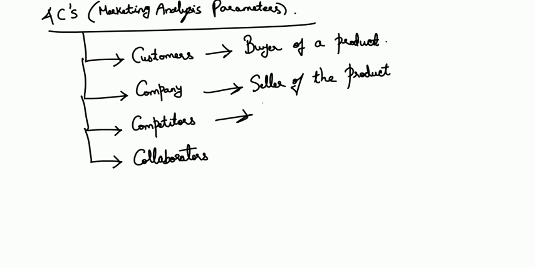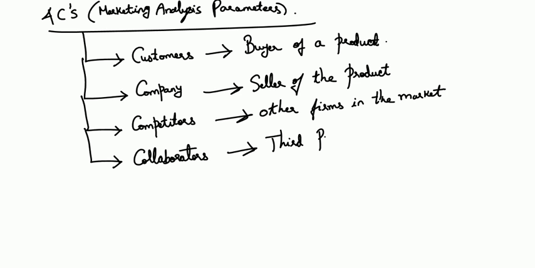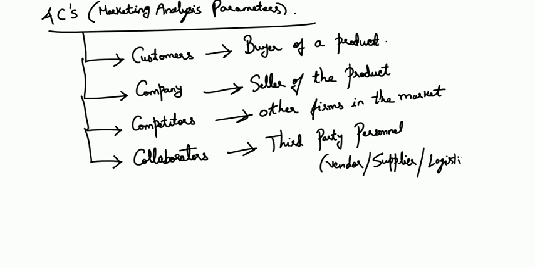The competitors are the other firms in the market, and the collaborators are third party personnel, like maybe a vendor or a supplier or a third party logistics provider, etc.